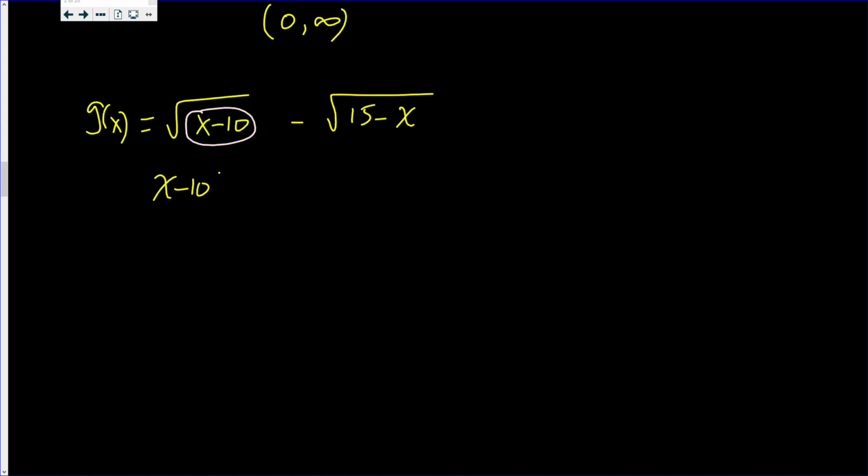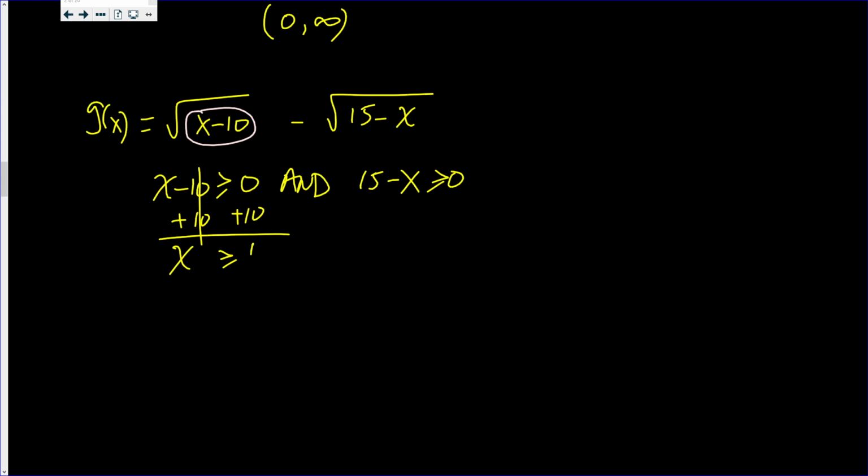x minus 10 must be greater than or equal to 0, and 15 minus x must be greater than or equal to 0. Well, I can add 10 to both sides, and the 10s cancel on the left, so x is greater than or equal to 10.